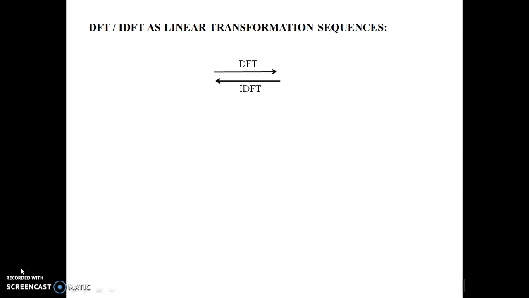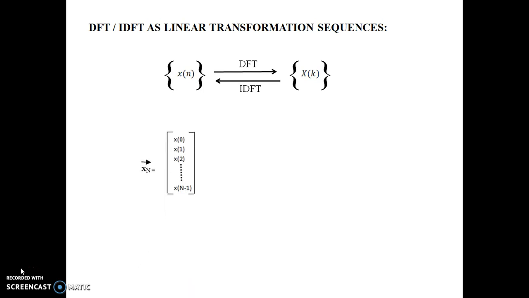We can find DFT and IDFT basically as linear transformation sequences. As we know, small xn, if we perform the DFT, gives capital Xk, and vice versa for the IDFT.